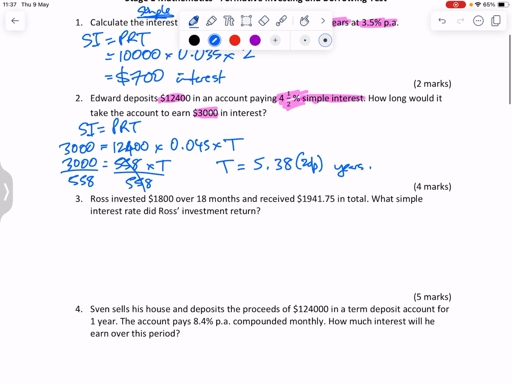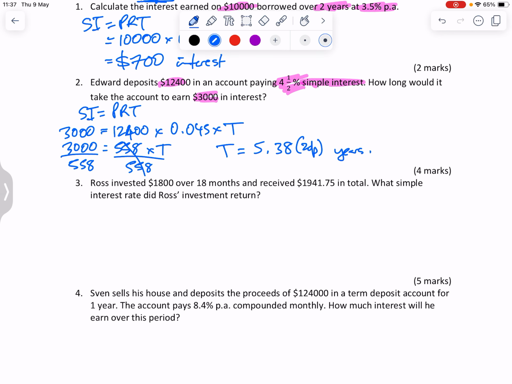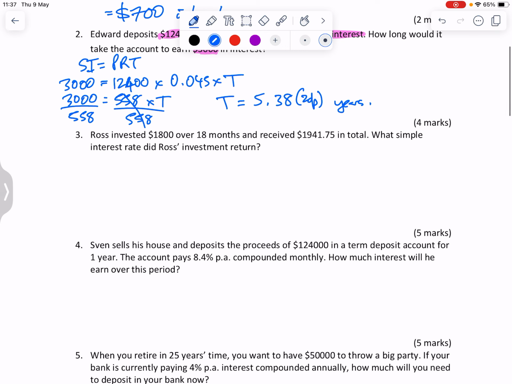Question 3. Russ invested $1,800 over 18 months and received $1,941.75 in total. What simple interest rate did Russ's investment return? This is tricky because you're given the total. You're not told the interest. So it's important we know 1,800, that it's 18 months, and that you had $1,941.75 in total.